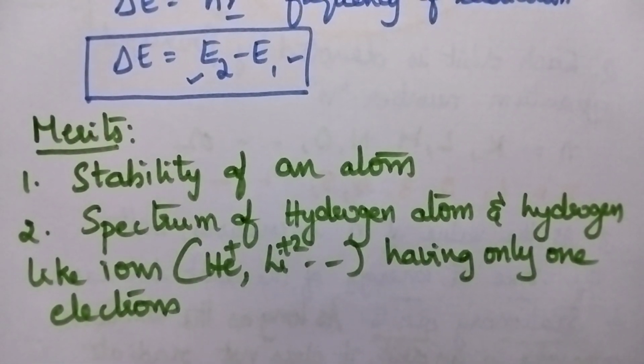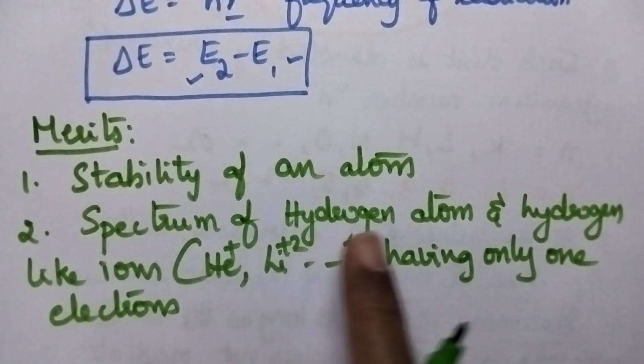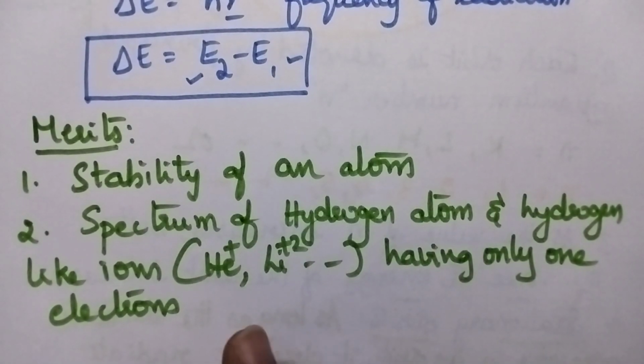So, Bohr's atomic theory explains the spectrum of hydrogen atom and also the spectrum of ions containing only one electron.